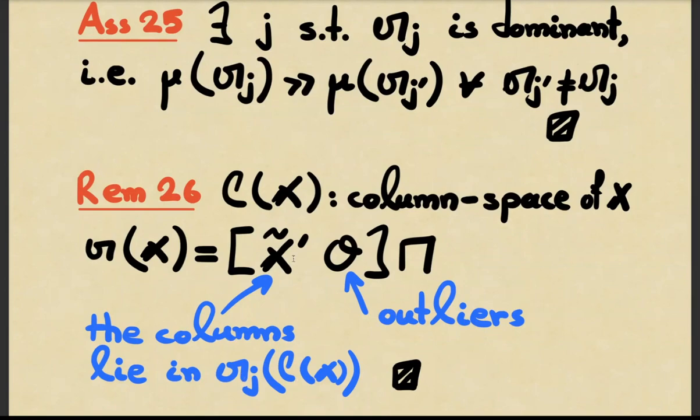So we have a big column submatrix of pi X, which is of rank R because it lies in a subspace of dimension R, the permutation of the column space of X. And then we have another matrix which consists of the original columns of X, which have now been permuted, each column with a different permutation possibly. And for this reason, there's no particular structure in this O matrix. And so this column submatrix can now be viewed as outliers.